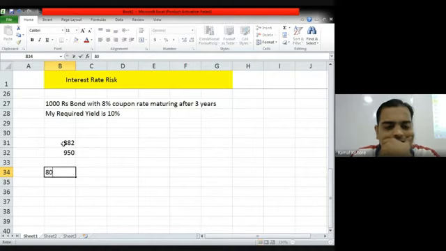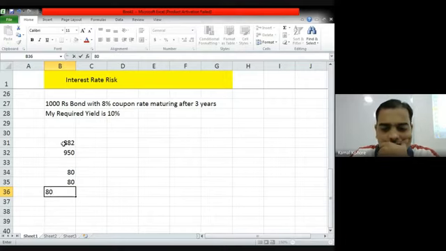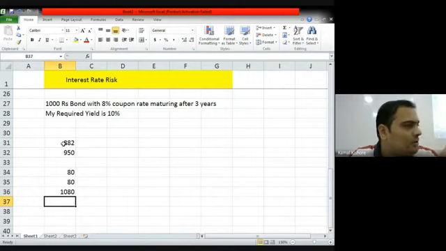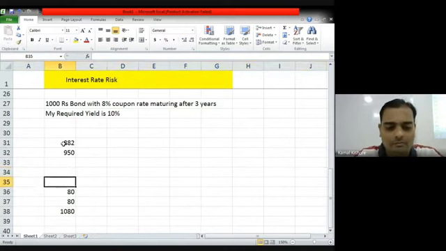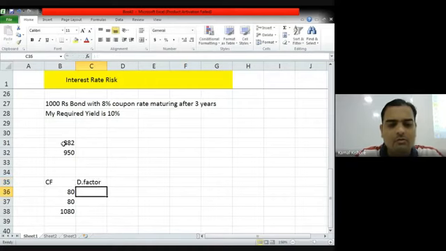So year 1 cash flow 80, year 2 cash flow 80, year 3 cash flow 80 plus 1,000. So it will become 1,080. These are the cash flows that you are getting from the bond. Then the discounting factor.